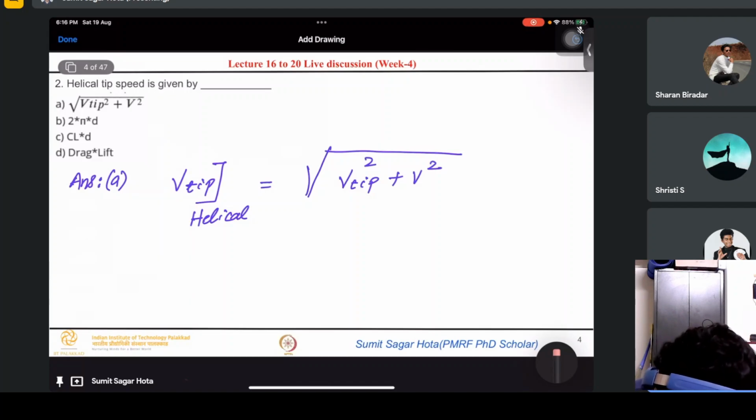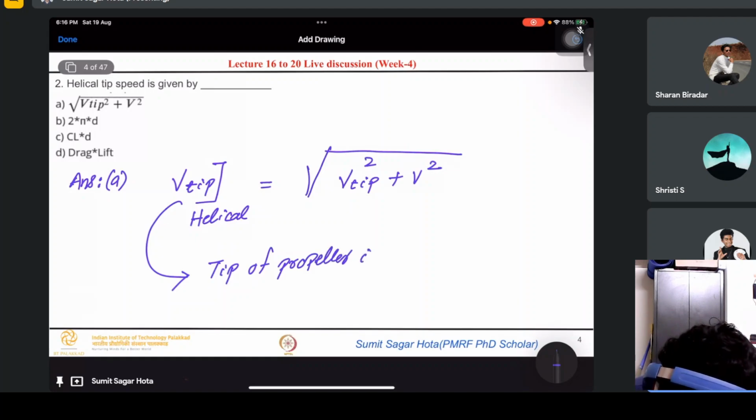Why helical? Because the tip of the propeller is following a helical path through the air.